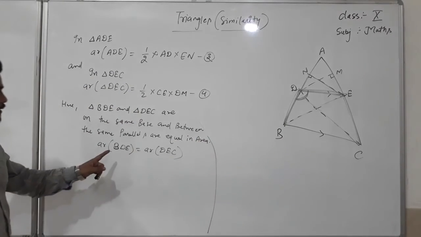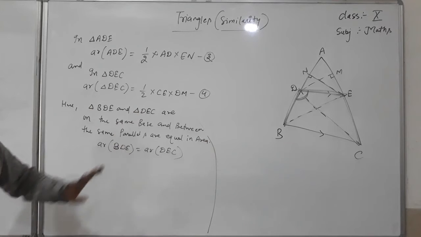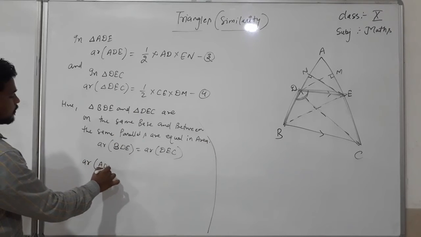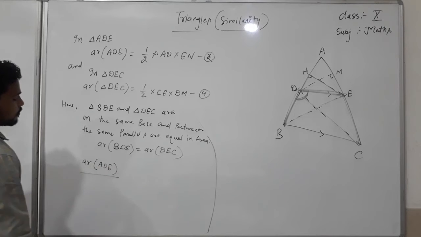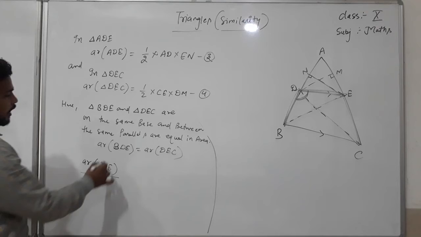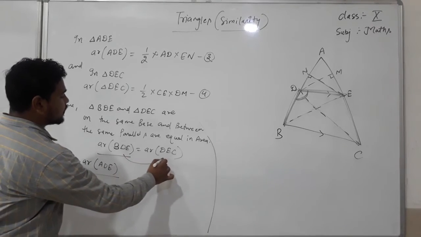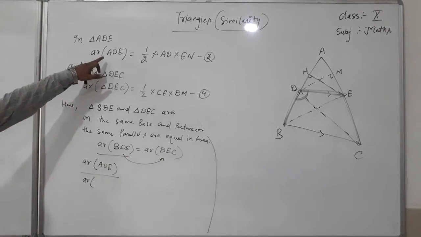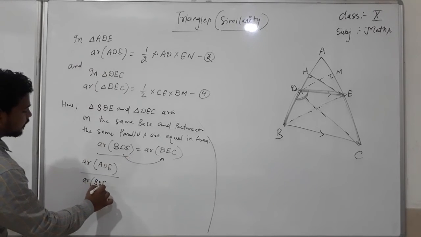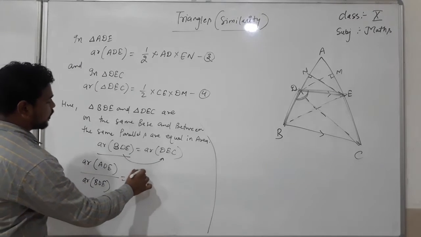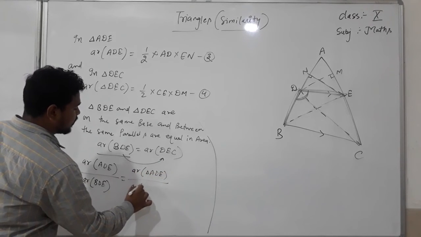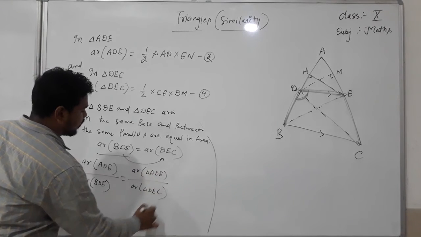Now here, students, area of BDE is equal to DEC. You can see that area of ADE upon area of BDE, if BDE is equal to DEC, it means if we write ADE in the numerator and BDE in the denominator, is equal to area of ADE in the numerator and area of DEC in the denominator.